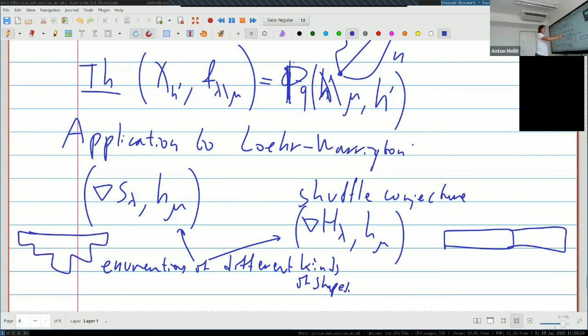Basically, each row corresponds to a Dyck path, and here you have an enumeration of Dyck paths, and here you have an enumeration of nested Dyck paths, and so the two statements are equivalent. And since we proved the shuffle conjecture, it follows that the Loehr-Warrington conjecture is true.